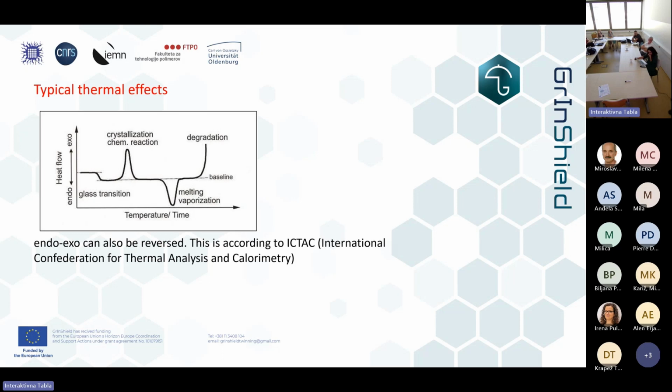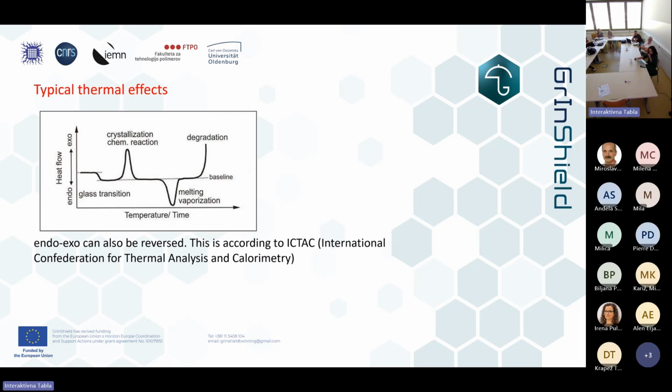So this is a curve for teaching. This is how the DSC of PET usually looks. We have a glass transition, cold crystallization, the melting point, and if we go too far, degradation.